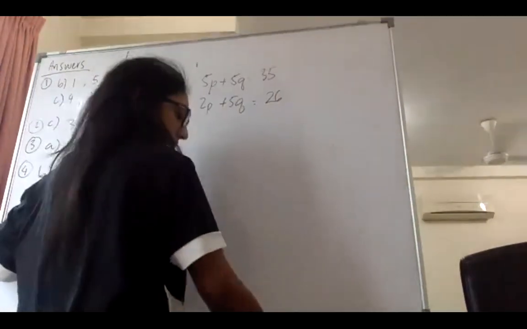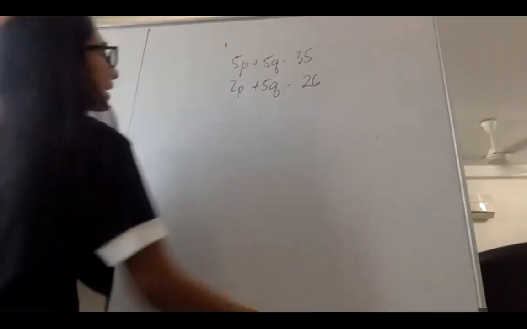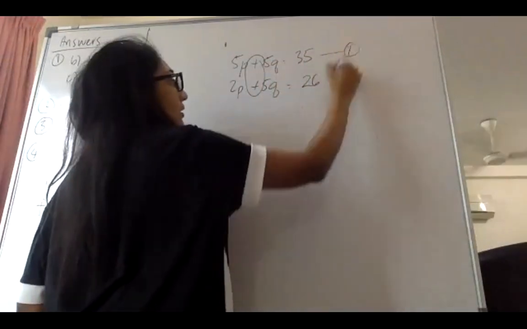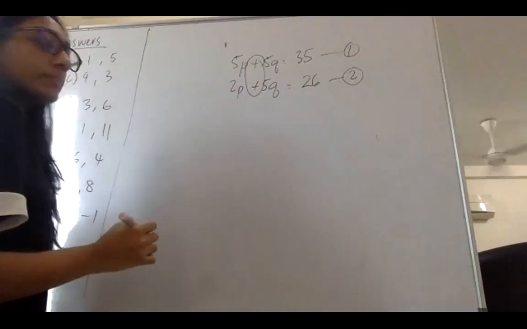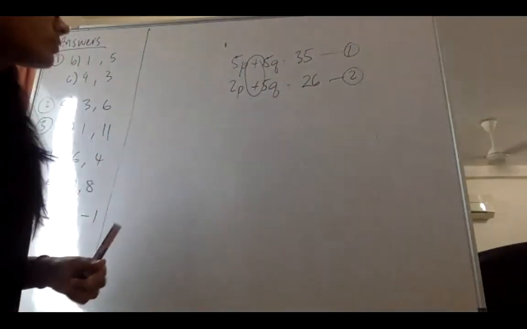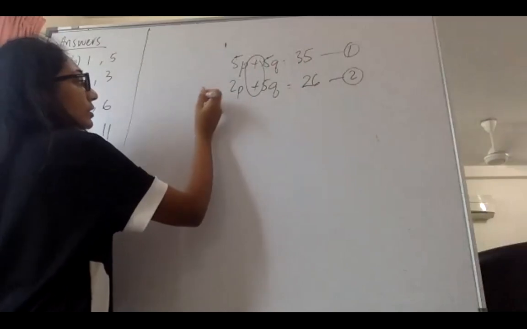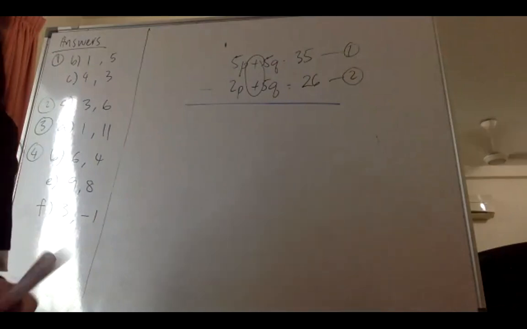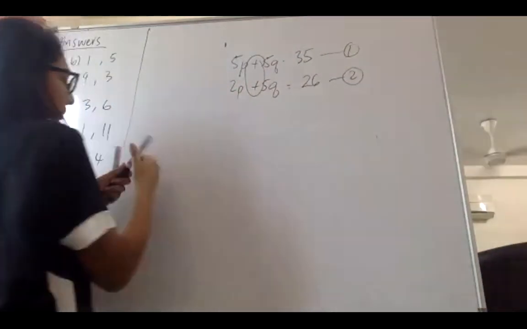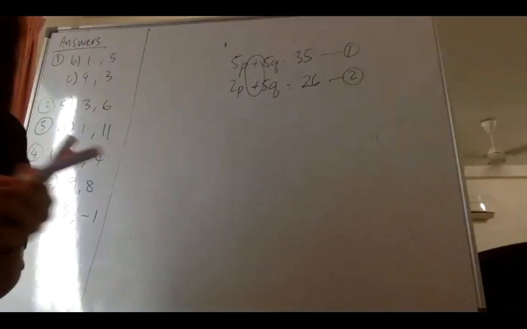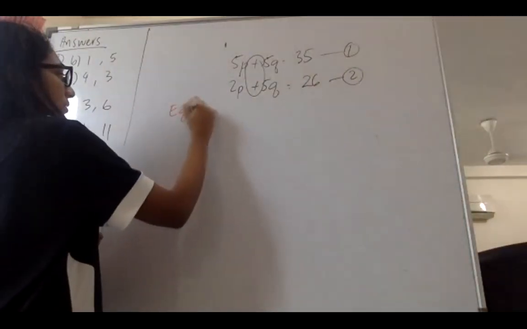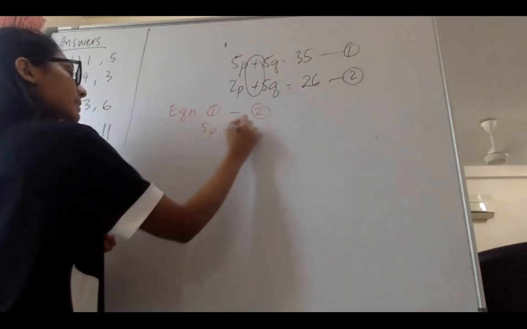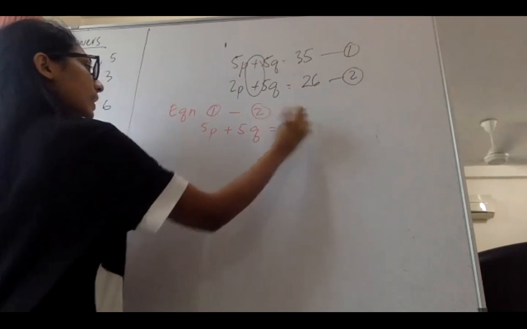So in this case, when it's the same sign, you subtract. So equation 1 minus equation 2, if I minus them, I will get, write it down. I take 5P plus 5Q equals 35 minus equation 2.